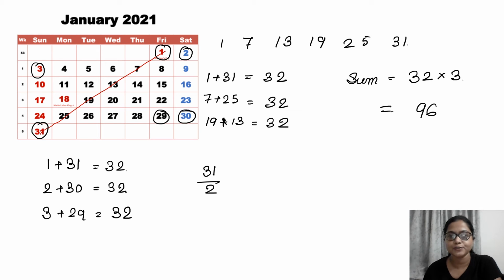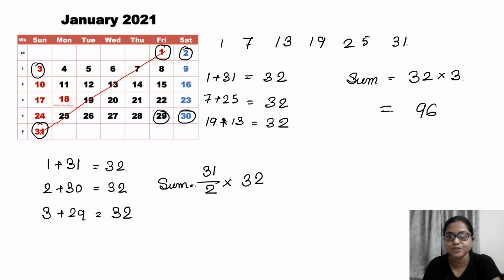So how many 32s do we get after adding? 31 divided by 2, into 32. This would be the sum of 31 natural numbers. See, these are all natural numbers: 1, 2, 3, 4, 5, 6.